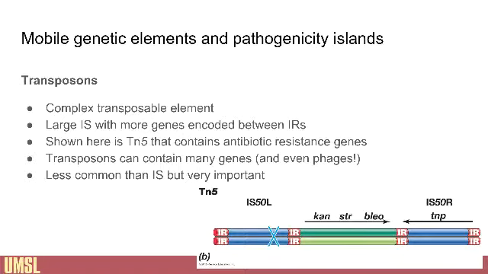Antibiotic resistance genes are one, and the more and more that replicative transposition events happen, the more and more things get acquired into this nest of genes in between these inverted repeats. And you can end up with what are known as integrons that will carry sometimes upwards of 20 or 30 resistance genes sandwiched in a transposon.